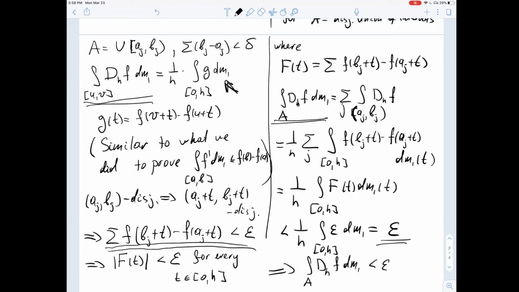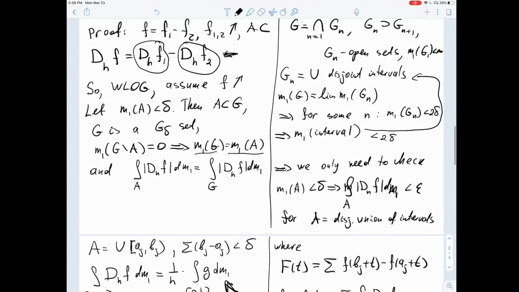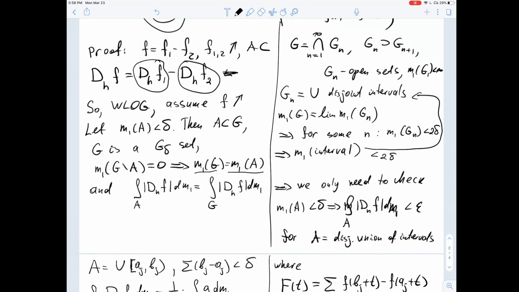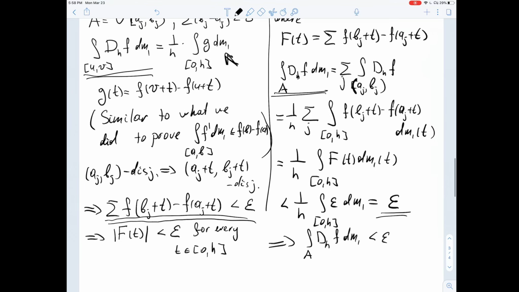If A is a disjoint union of intervals, which means that this is true if A is an open set, and if this is true for any open set, then it's true for any G delta set because the measure of a G delta set is the limit of measures of the open sets, and if it's true for a G delta set, then it's true for every set. Now there is one gap I have.